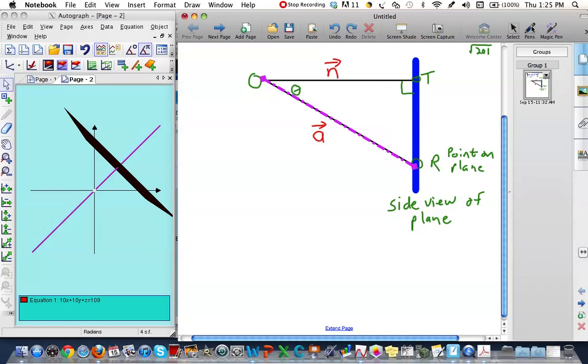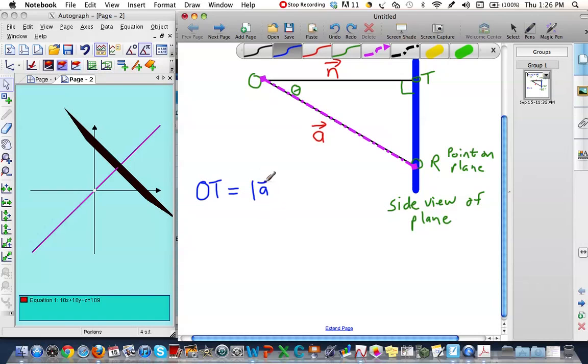And so OT would equal the magnitude of vector A, and in this context this is of course our hypotenuse opposite the right angle, multiplied by cos theta. All we've done is used right triangle trig, SOHCAHTOA, and we've used cosine is equal to adjacent over hypotenuse and rearranged the expression.